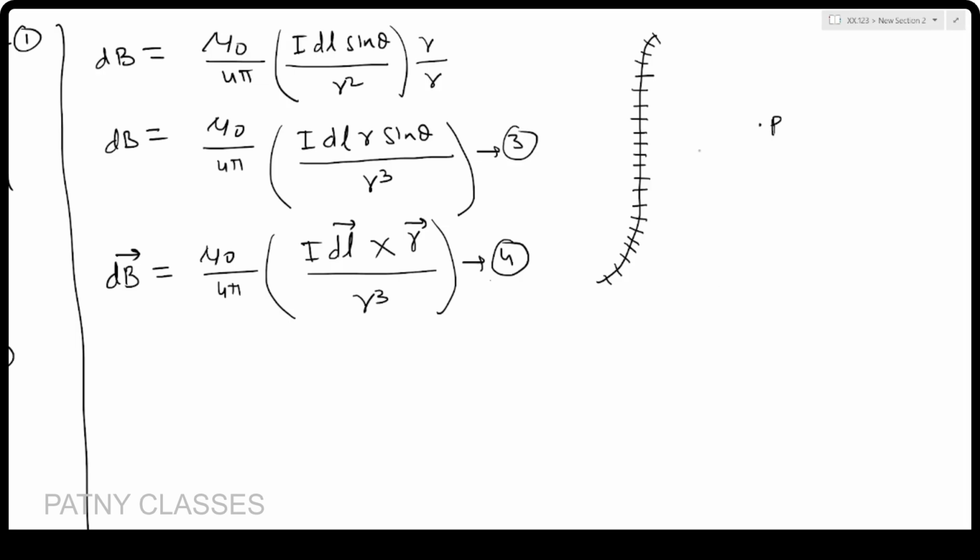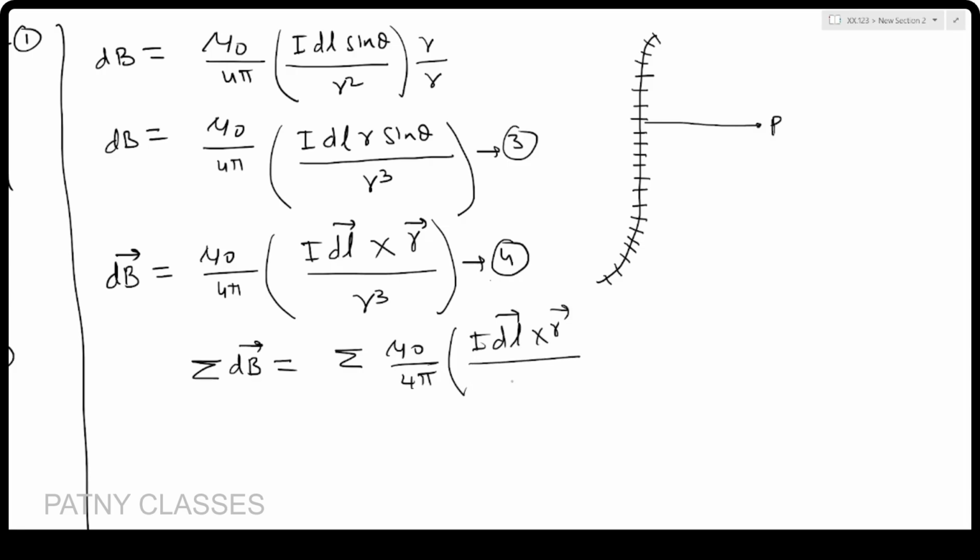Now we want to find out the total magnetic field at the point P. So how to find the total magnetic field at the point P? For that, what we do? We take the summation, that is summation dB equals summation mu naught upon 4 pi I dl vector cross vector r divided by r cube.